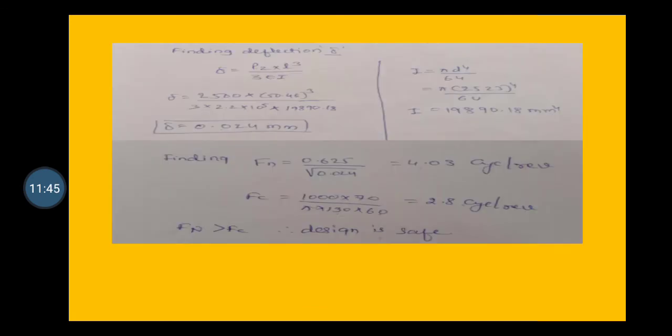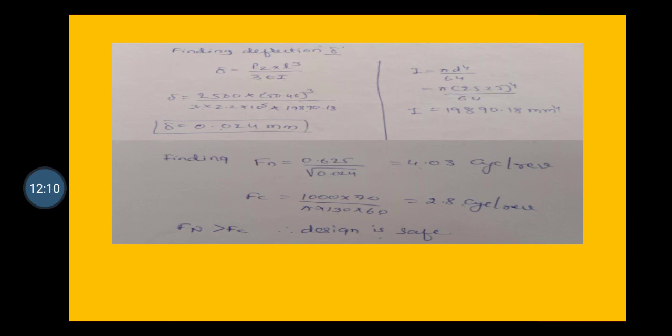Next, finding the deflection delta. Delta is equal to Pz into L cube divided by 3 into E I. Deflection delta is equal to 2500 into length 50.46 whole cube divided by 3 into Young's modulus 2.2 into 10 raised to 5 into I, which is 19890.18. I means the moment of inertia, pi d raised to 4 by 64.